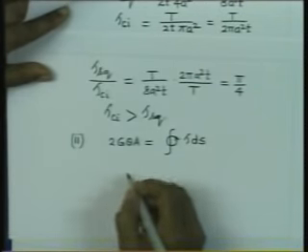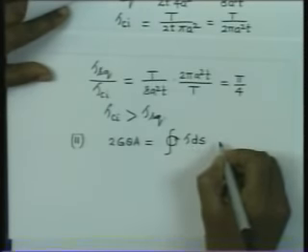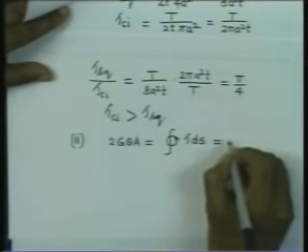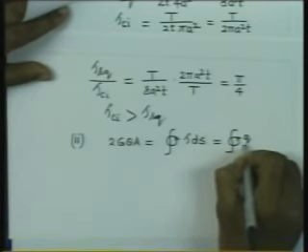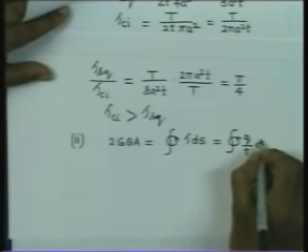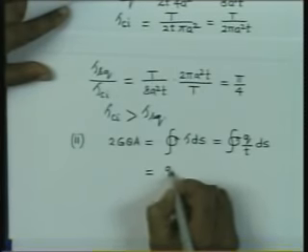For the, if we consider now the thickness is uniform here, we can write this thing as Q by T ds, and this Q is constant.